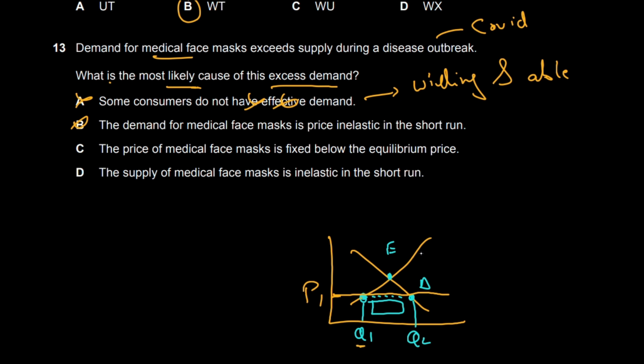Because the producers probably want to supply at Q2 and earn more revenue from P2. However, due to the imposition of a maximum price, they cannot do so. Hence, they are forced to supply at Q1. This leads to a shortage, or an excess demand. So C is correct. D states the supply of medical face masks is inelastic in the short run. Now that too, as with option B, we cannot infer from the data that we are given. So this is wrong. Moving on to question number 14.